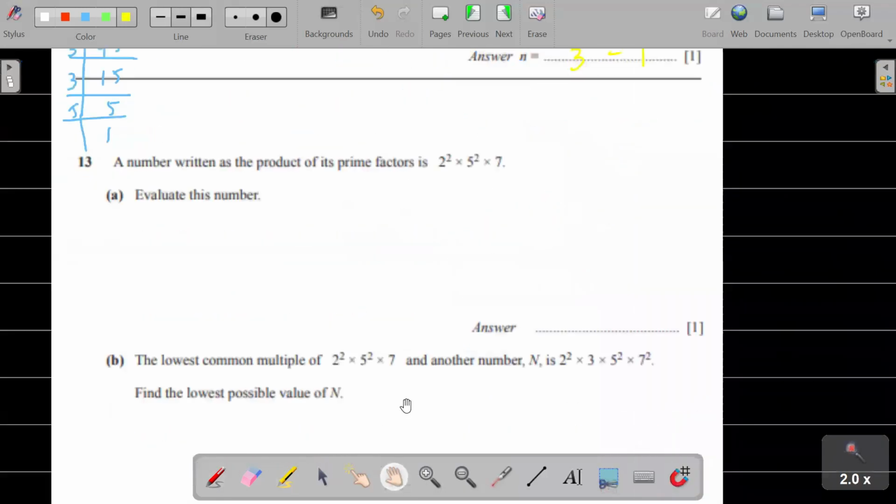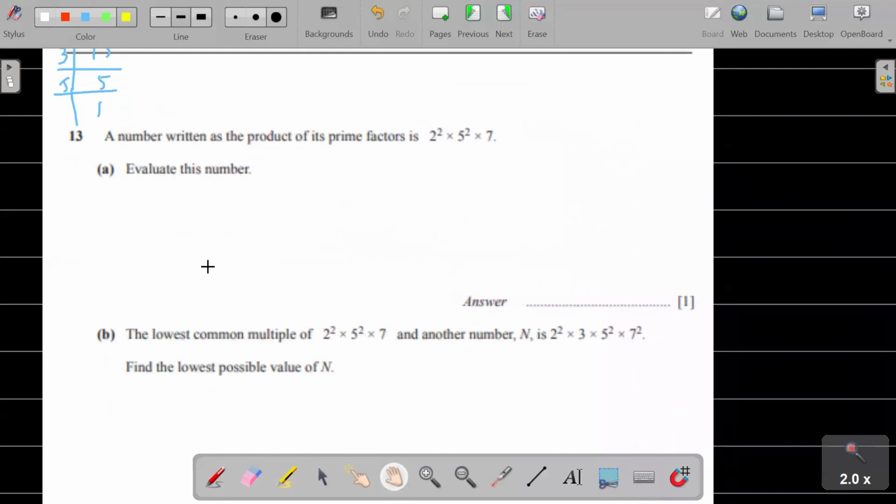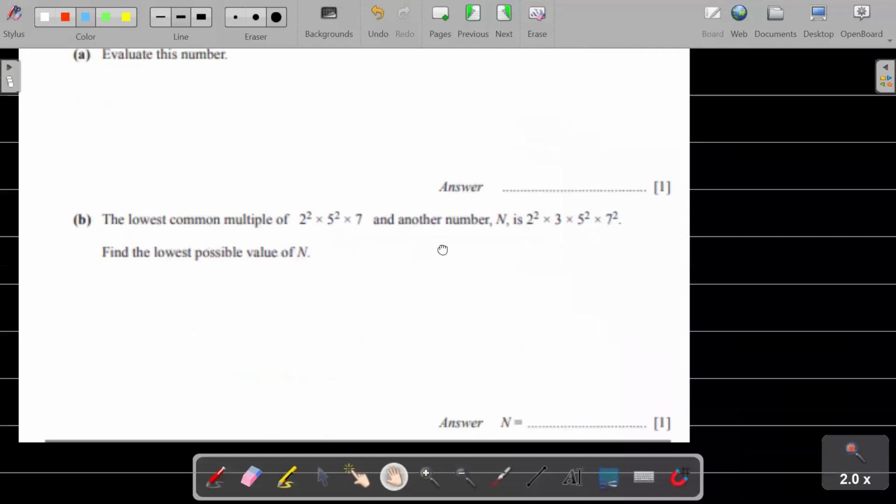Let's do this question. A number is written in the form of its prime factors. Evaluate this number. Let's multiply them simply. 2 raised to power 2 is 4 times 25 times 7. I think we have solved this question before.